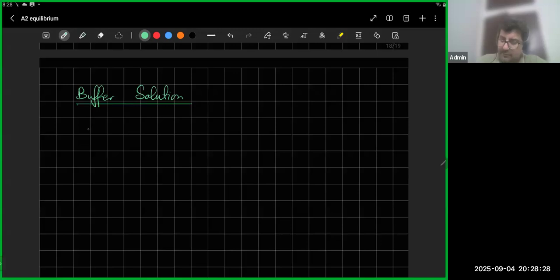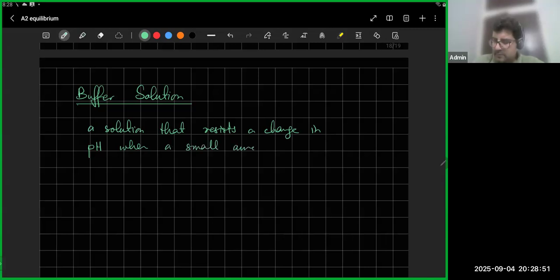It's a solution that resists a change in pH when a small amount of acid or an alkali or a base is added to it.